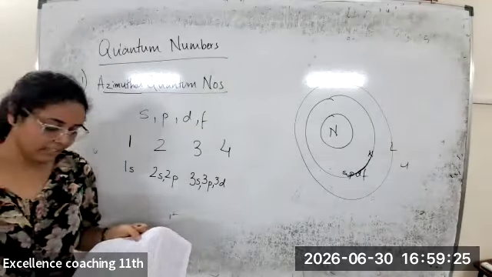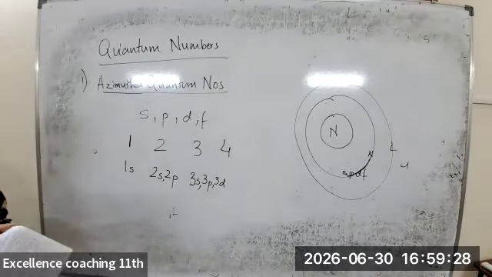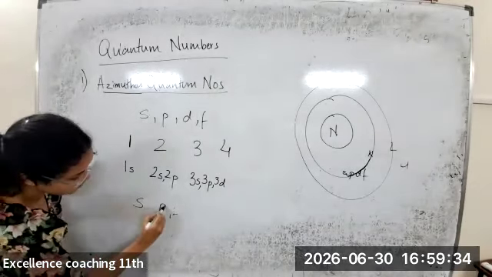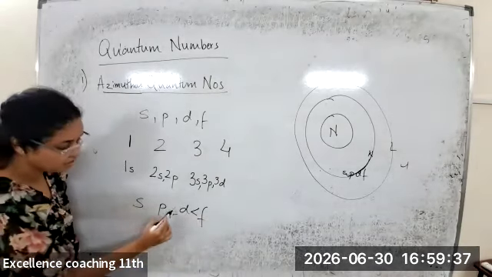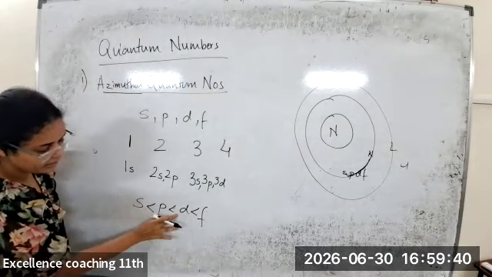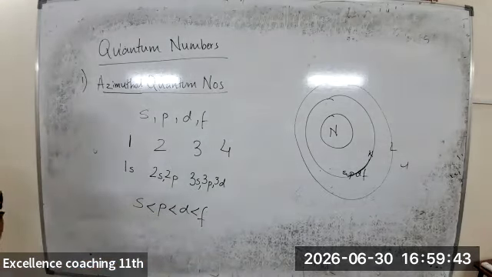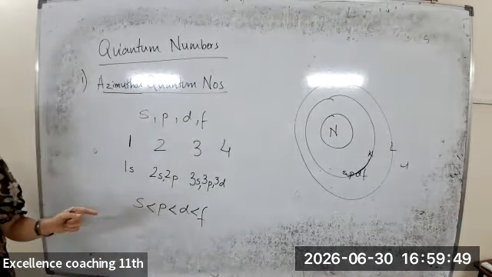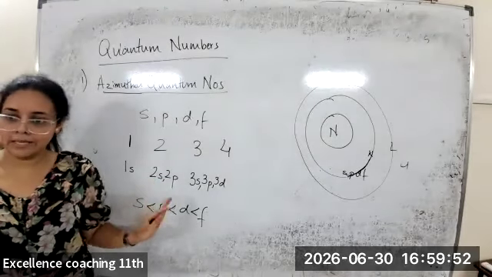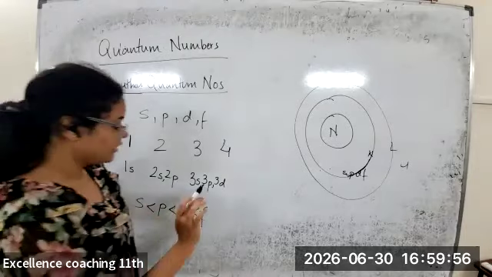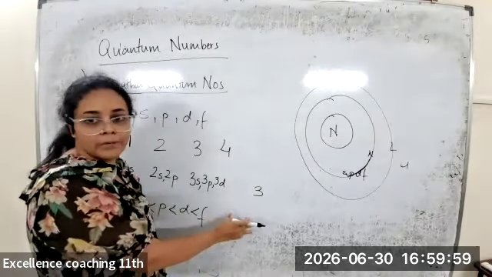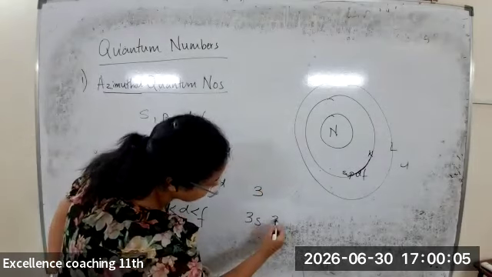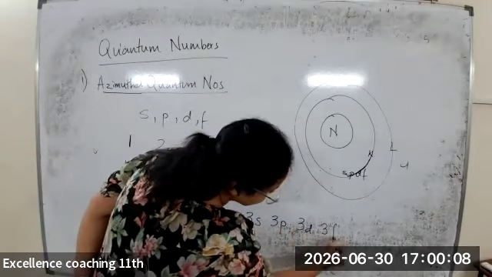Then there's one key statement. If the value of n is the same, the energy of the electrons will follow the order: F will have higher energy, then D, then P, then S. First we spoke about these subshells, which are S, P, D, F. Second point: if my principal quantum number is the same, for example principal quantum number 3, under it I will have 3s, 3p, 3d, 3f.